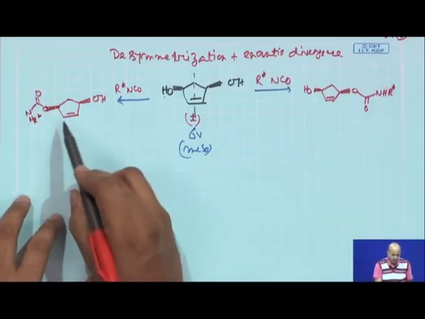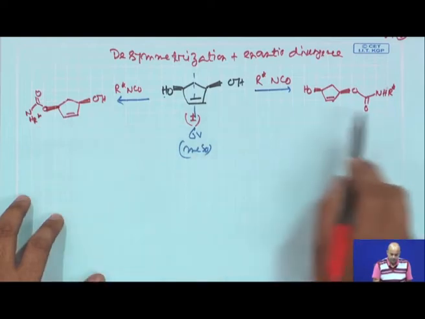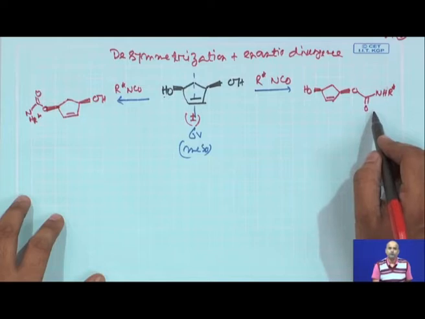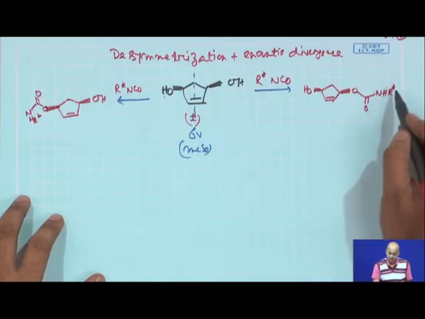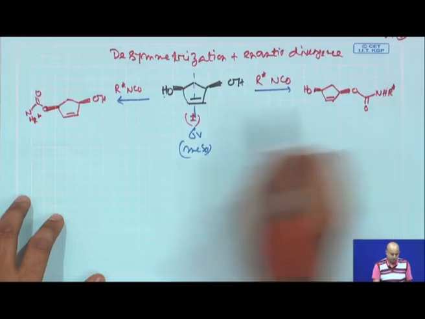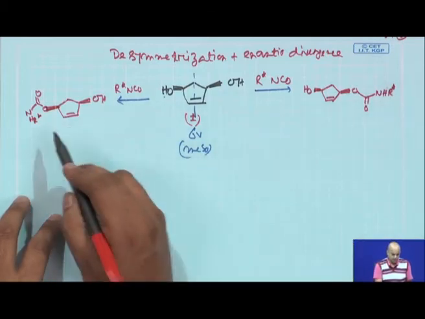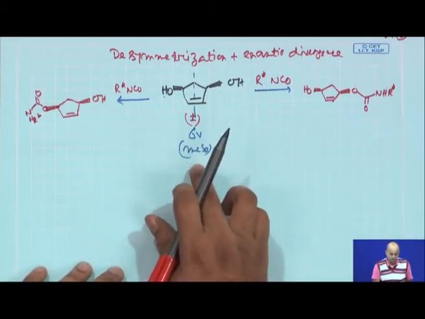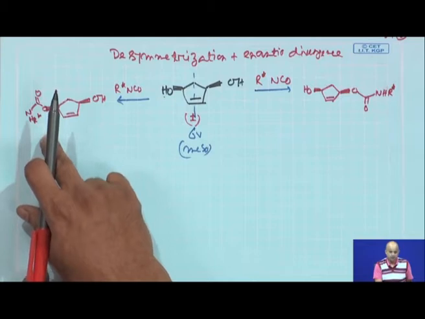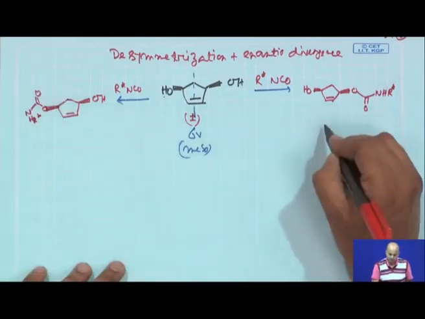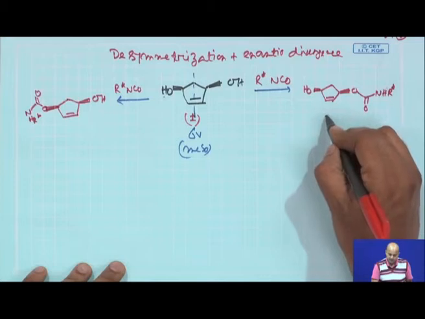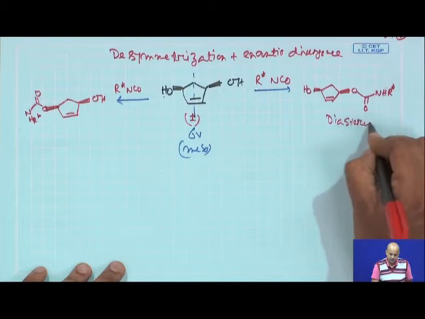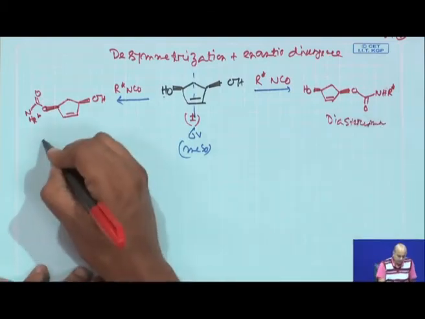Okay. Now, if you try to analyze, this is the unique desymmetrization reaction, because these compounds are now diastereomers, because you put a chiral center here, R. So, these are no longer enantiomers. The initial enantiomers or the meso compounds are now converted to the corresponding diastereomers, having a diastereomeric relationship to each other.